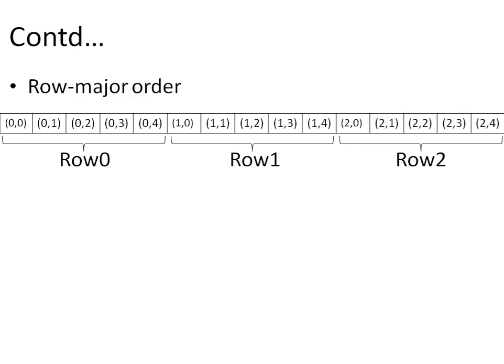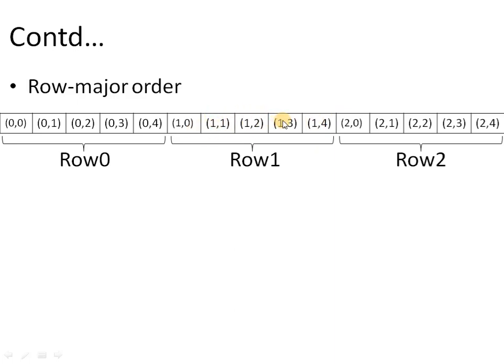So, if we work row wise, then it is known as row major order, and all the elements lying in the first row are identified with first index as 0. So here we have 5 elements present at row 0. Then the next 5 elements lying in the next row will have 1 at the first index.